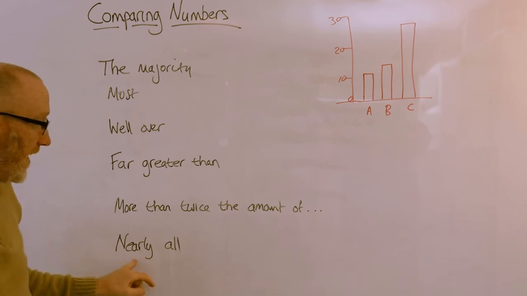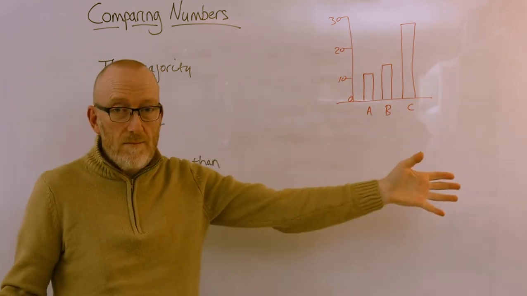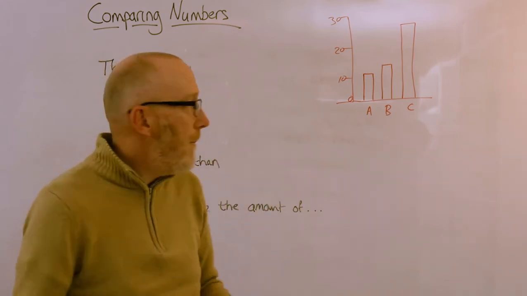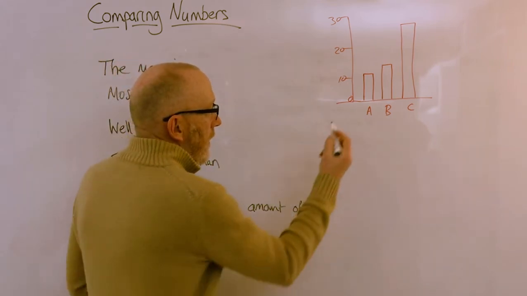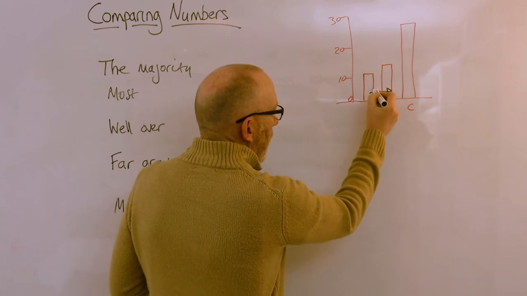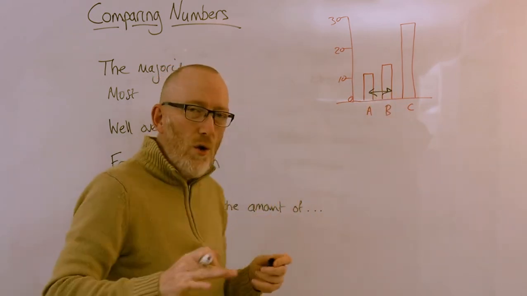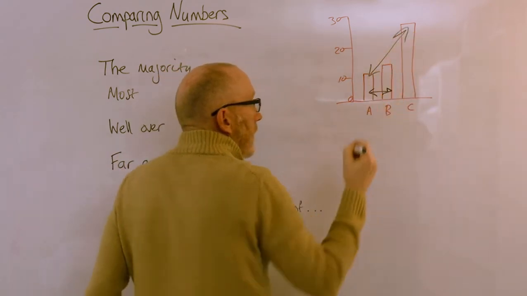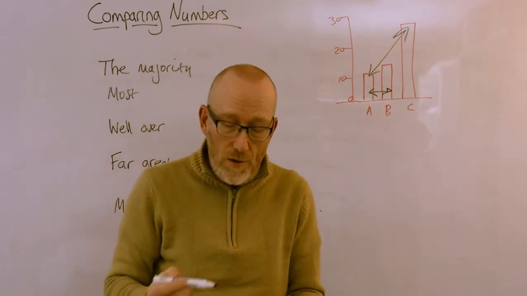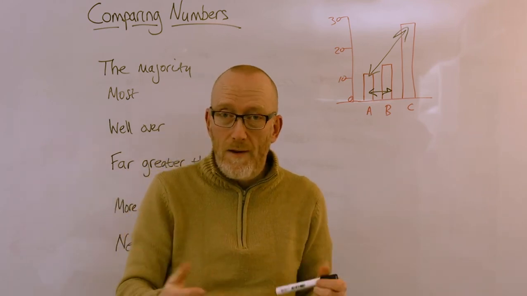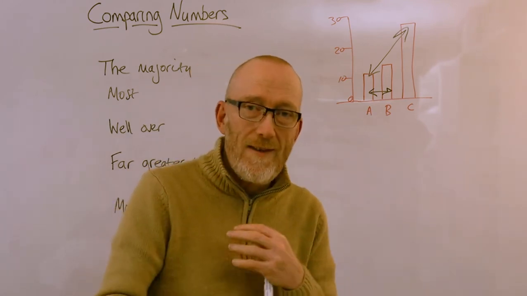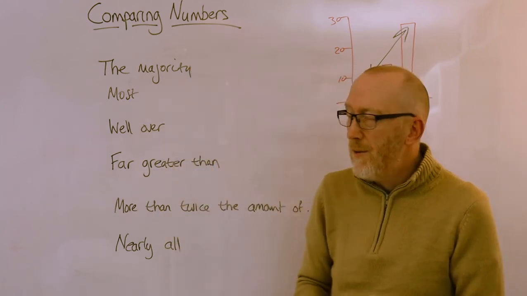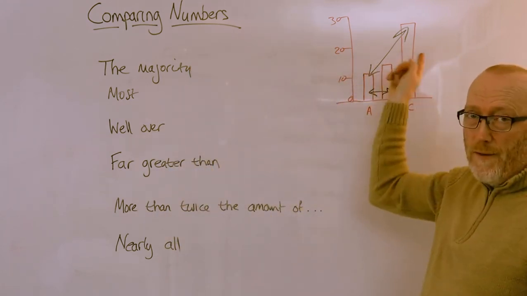And another one, nearly all people preferred option C. Okay? So when you are comparing numbers, you have to remember to compare kind of like for like here. Okay? But then you're also contrasting with numbers that are completely different in that aspect. Yeah? So you need your comparatives, more than, less than, greater than, higher than. But you also need some good superlatives to help you describe this one over here.